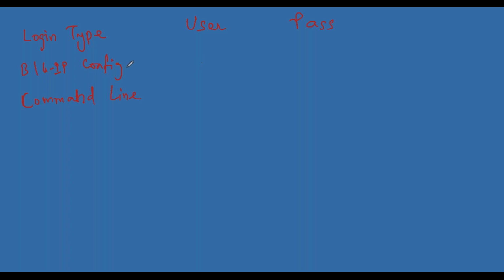So whenever I say config utility, it is nothing but the GUI access of the appliance. This uses the username as admin, and the default password is also admin. The command line uses the username as root, and the password is default.